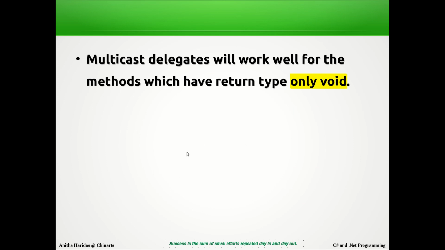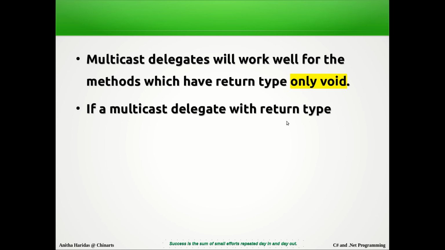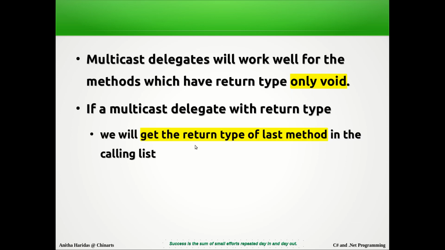Your multicast delegates will work well for methods which have return type void only, which we have already seen. If your multicast delegate has a return type, we will get the return value of the last method in the calling list.